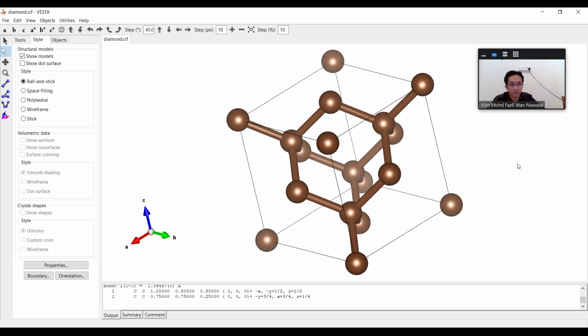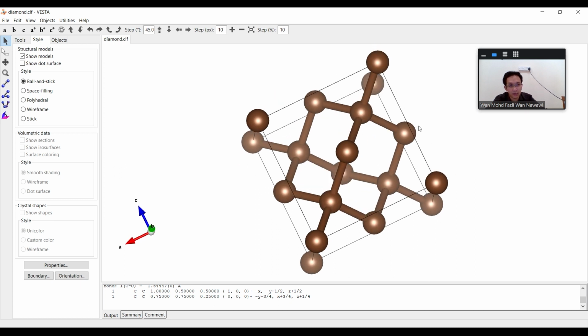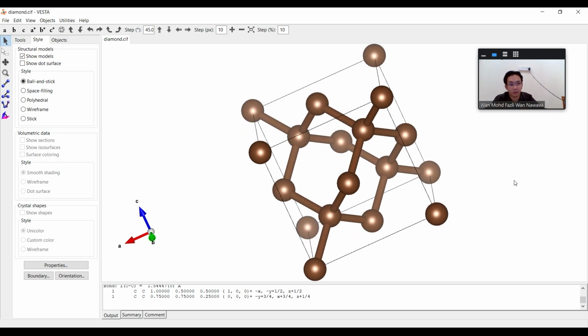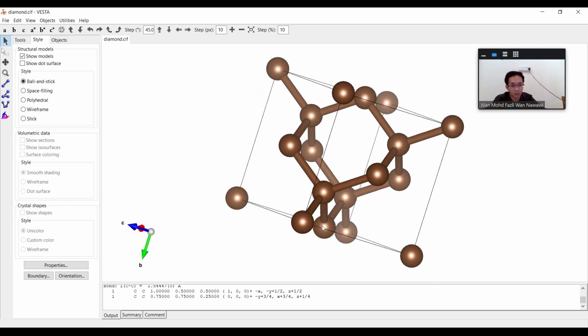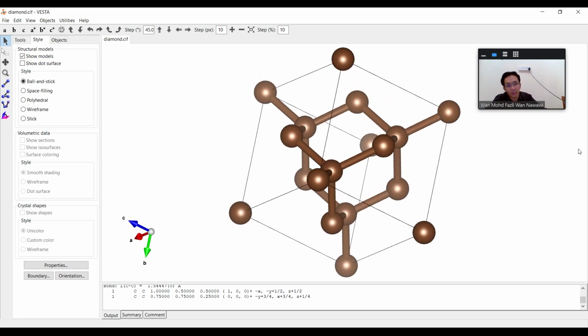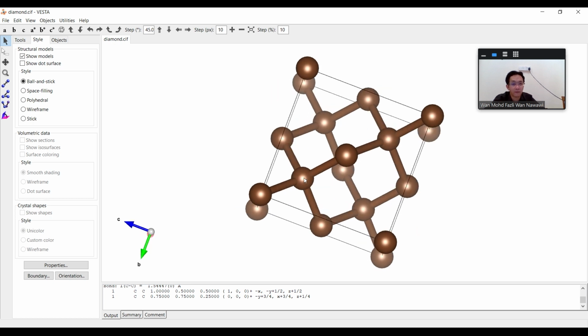But you can see this is FCC, because there are atoms on the faces, here and here. If you look from this side, there are also atoms on the face. But there is also another atom inside, which is not on the face.